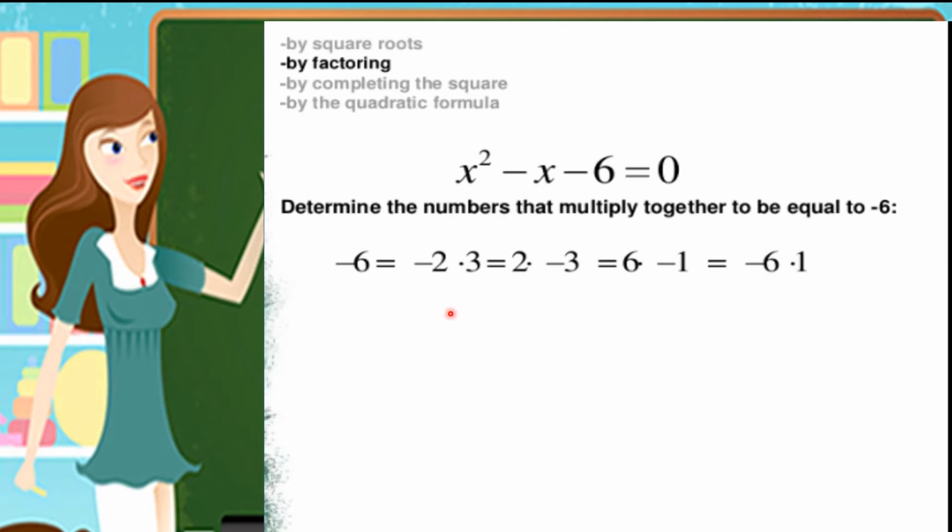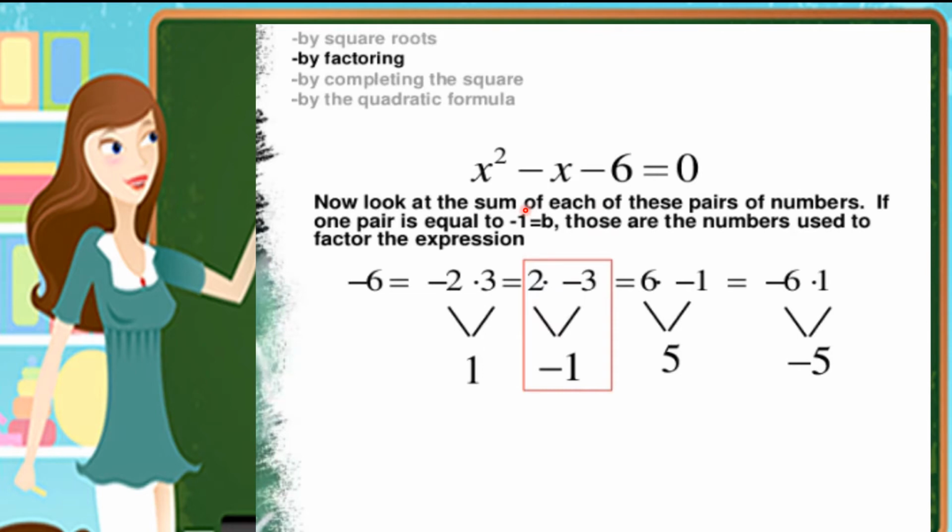Dito sa mga factor na ito, alin kaya dito ang may value na middle term which is negative 1? Now, if the sum of one of these pairs of numbers is equal to negative 1, and that is the value of b, those are the numbers used to factor the expression.